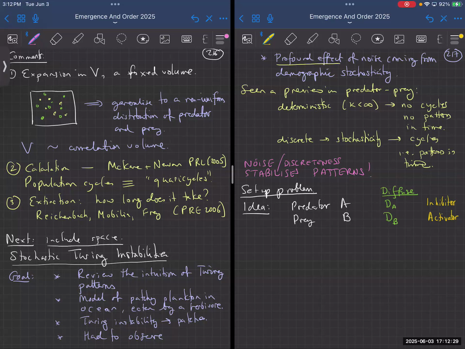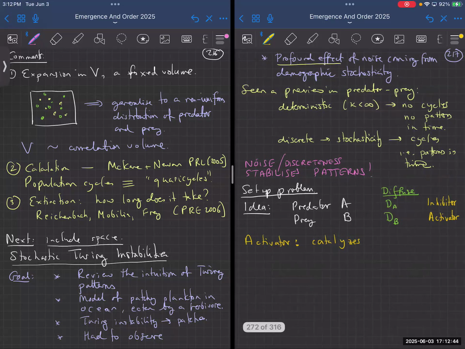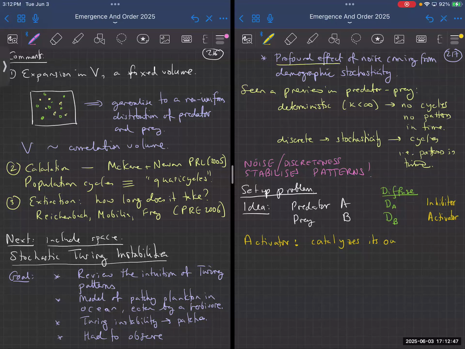Now, let's talk about what these do. What the activator does is it catalyzes its own production. It also catalyzes the inhibitor production. So that's what the activator does.